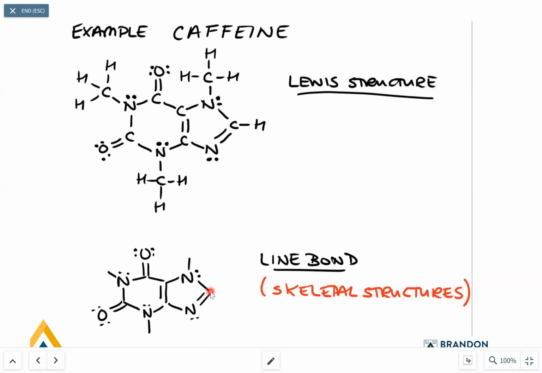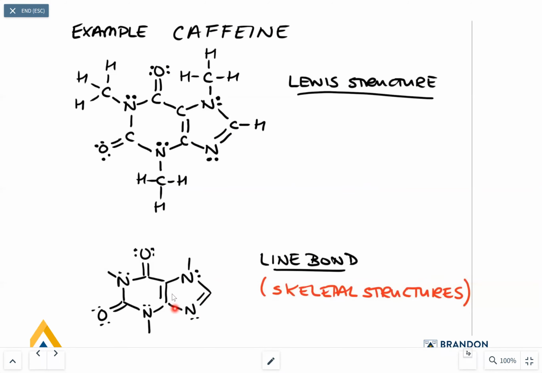This carbon here, it's got 3 bonds to nitrogen, so there's 1 left, which would be the hydrogen. It takes a little while to get used to, but in the end it becomes quite second nature, I suppose. This carbon here has 4 bonds.